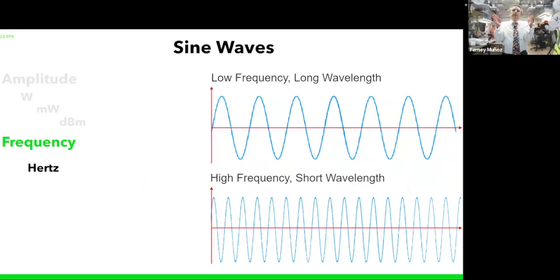If you are sending waves at higher frequencies, 1,000 cycles in the same amount of time, then each cycle becomes shorter because you're putting more inside the same amount of time. Does it make sense? Higher frequencies will have shorter wavelengths. That's just physics. In the same amount of time, you're putting more cycles, so each wave becomes shorter.